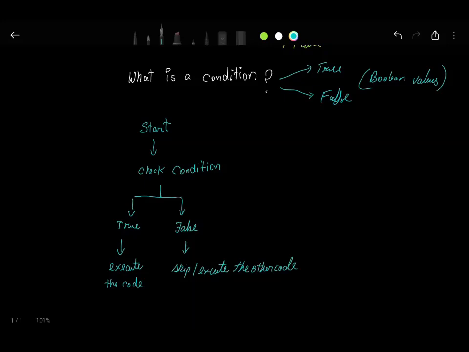This is the very basic flow of decision making in Python. Every time Python reaches a decision point, it first checks the condition. If the condition is true, it executes one block of the code, and if the condition is false, it skips the block or executes another block.